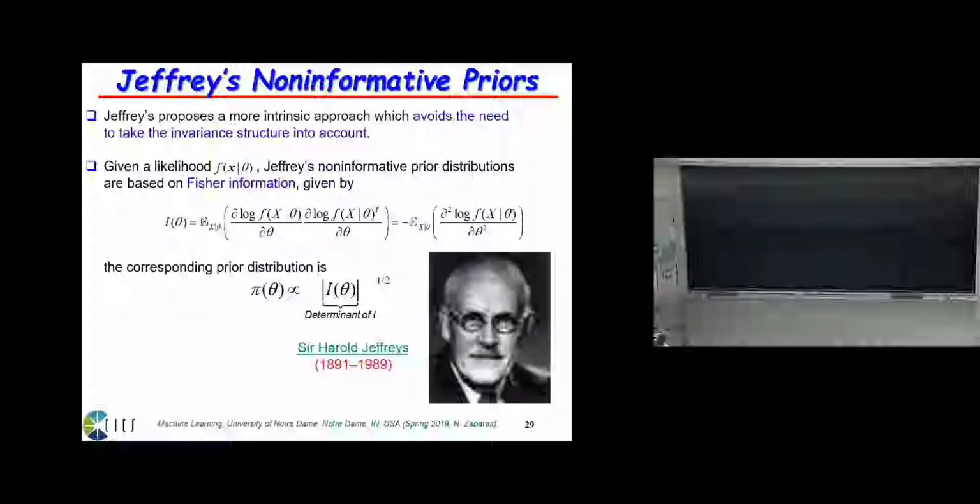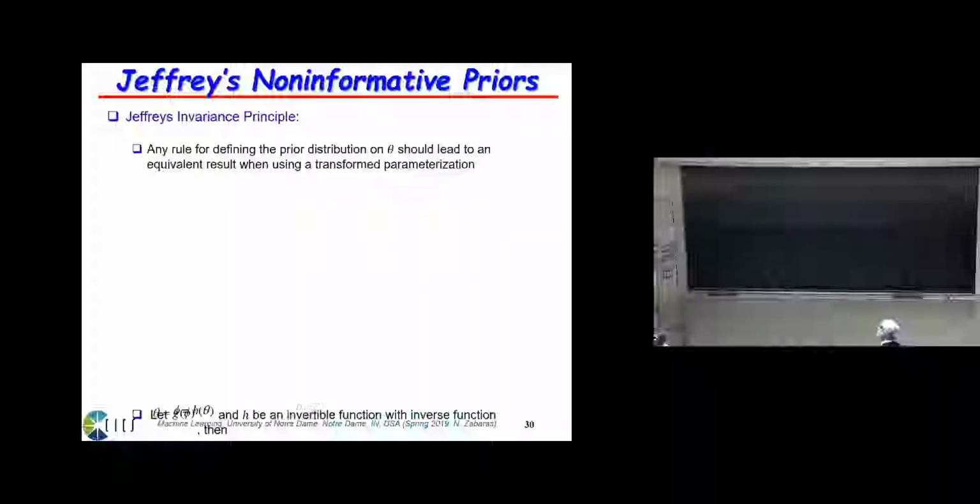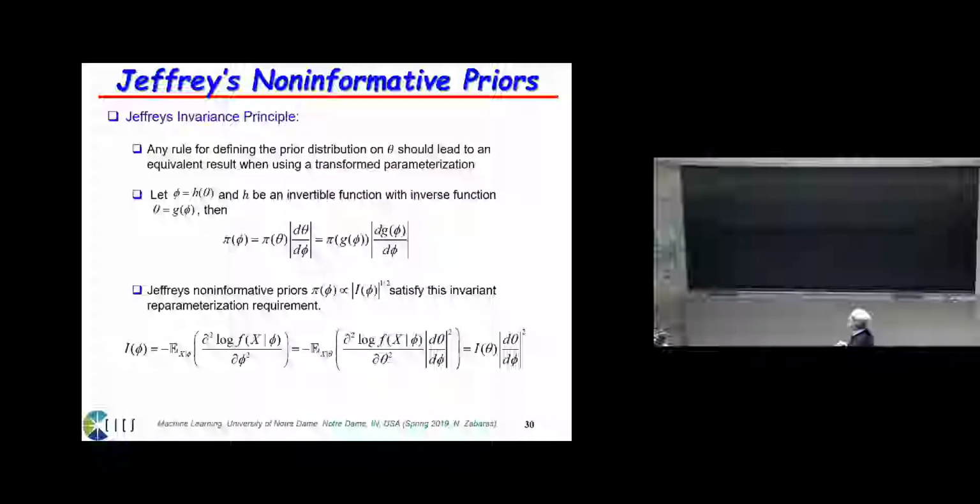It's a little bit unusual because it violates some of the principles of Bayesian thinking since it depends on the data, but somehow it comes out that it has nice features. So when you change the parameterization, automatically, it accounts for that. You can see that derivative there, the chain rule basically gives you the change in the volume induced by the parameterization.